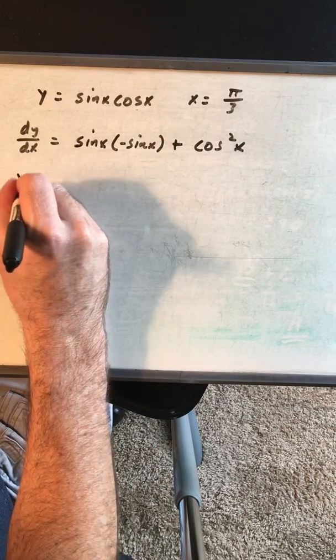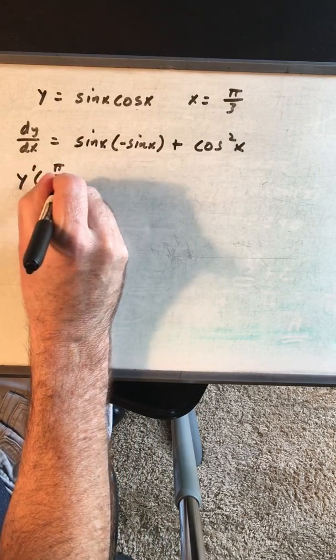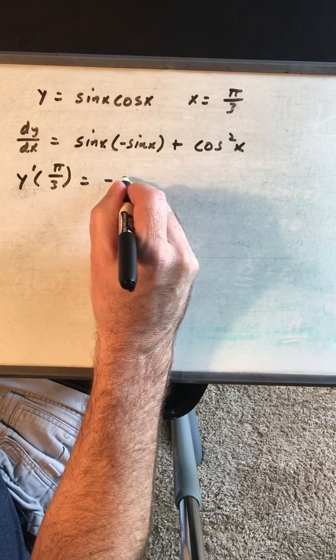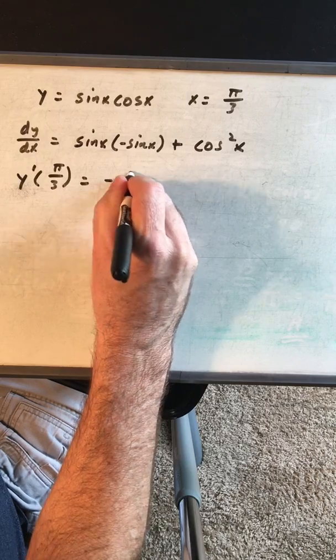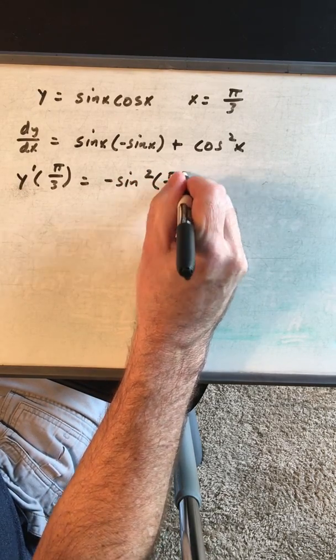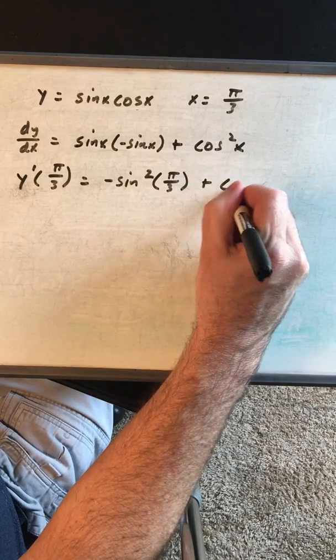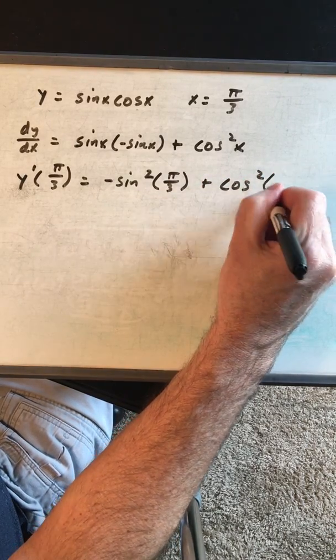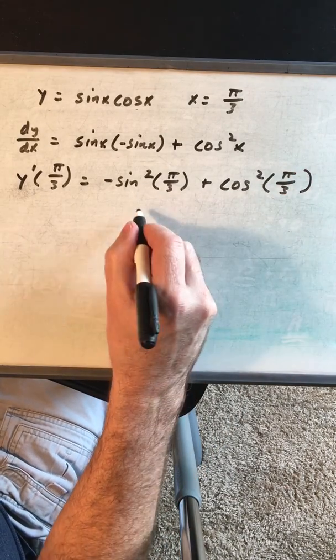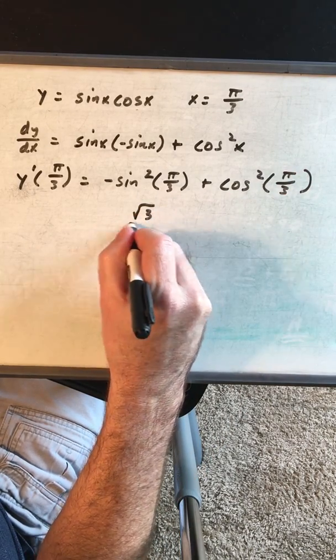All right, so y prime of pi over 3 is going to be, let's pull that negative out front, negative times sine squared of pi over 3 plus cosine squared of pi over 3. Okay, sine of pi over 3 is root 3 over 2.